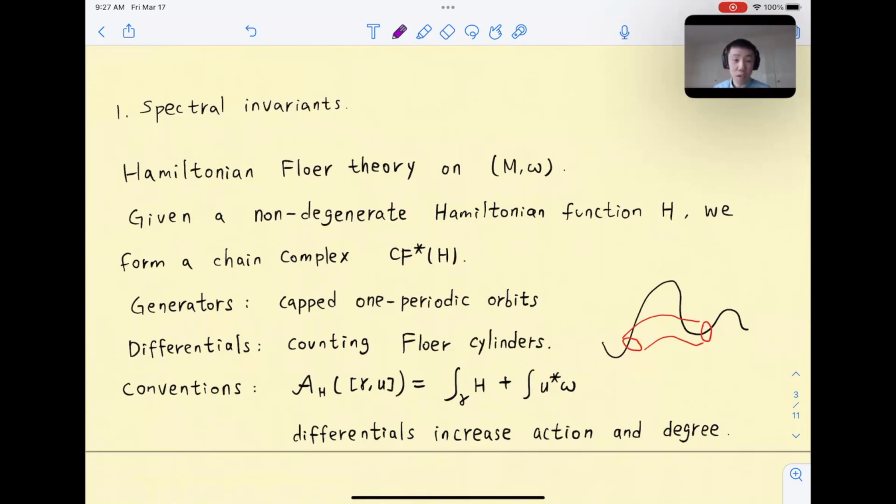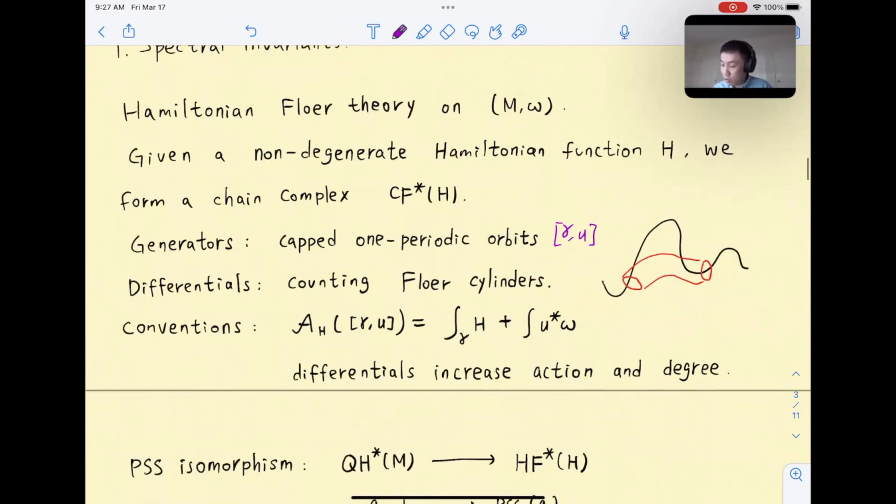Suppose we have some non-degenerate Hamiltonian function H. We can form a chain complex CF(H). The generators are one-periodic orbits. So we have a periodic orbit gamma, we equip it with a capping u, and we mod out by some relations. The differential counts Floer cylinders connecting those capped orbits.